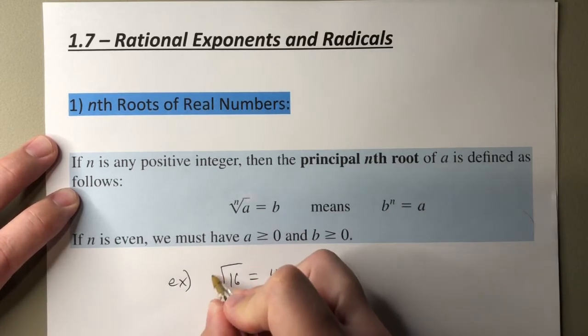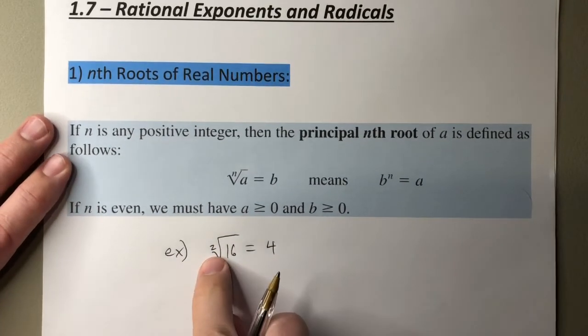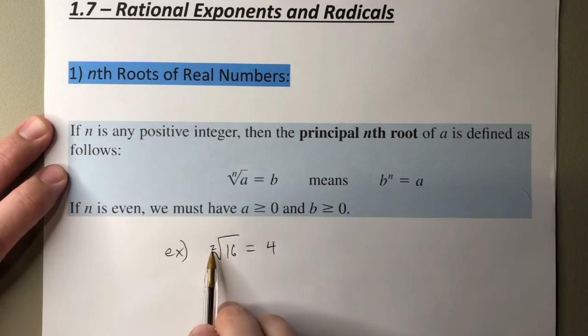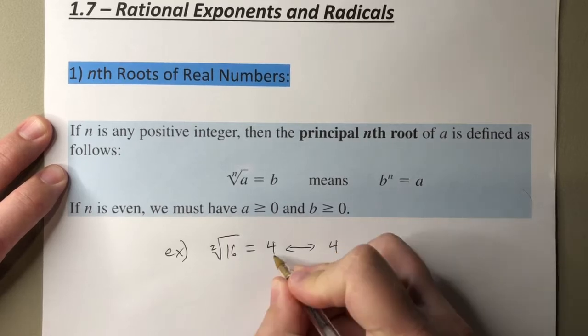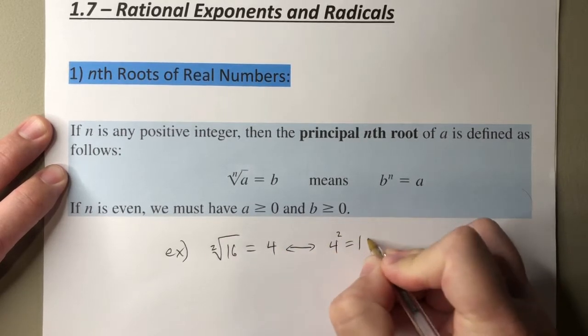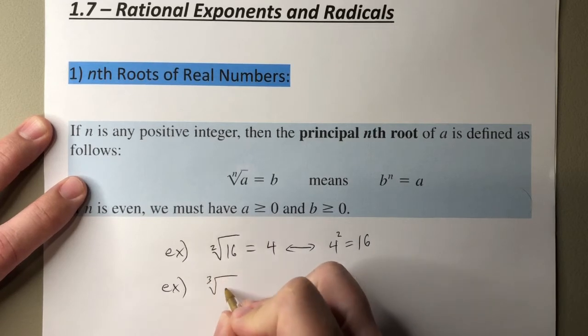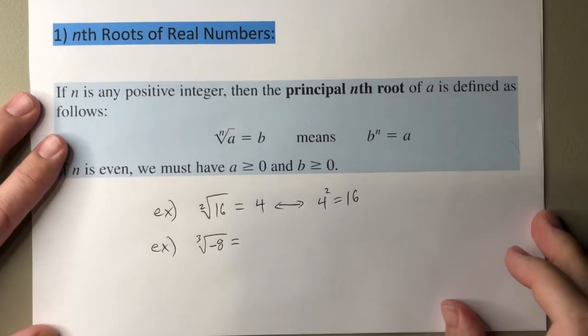So if there's nothing there on the radical, the index is understood to be a 2. This is called the index. Again, this is because 4 squared equals 16. Another quick example would be the cube root of, let's make it -8.